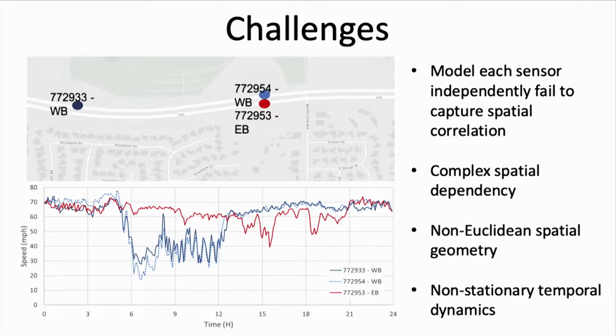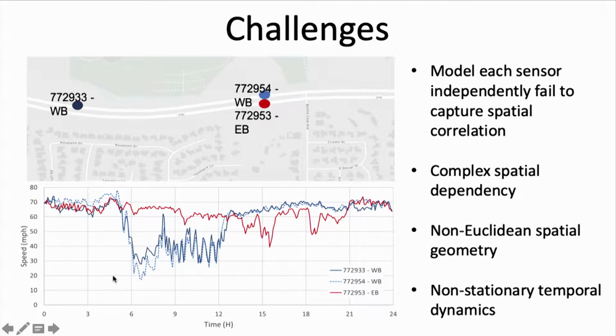And if we want to model the spatial dependencies in terms of a convolution recurrent neural network, then this will be formed as a grid. But what is the problem if we formulate it that way? This is an example where you can see that these two sensors are very close in location and this is far apart. But these two blue sensors are in the same direction of the roadway, and the red one is in the opposite direction.